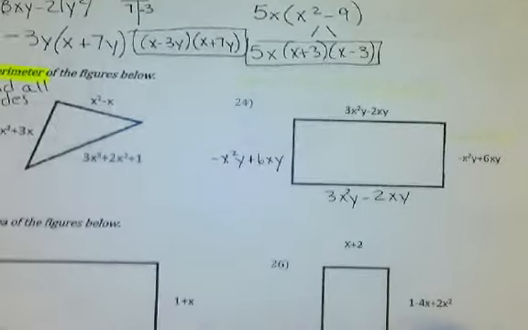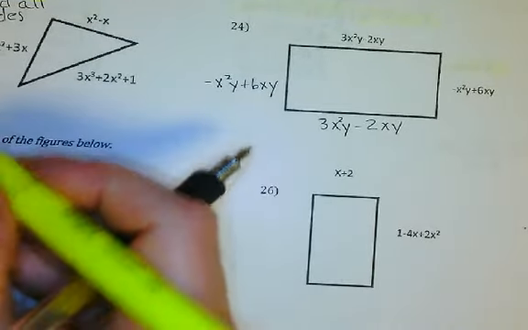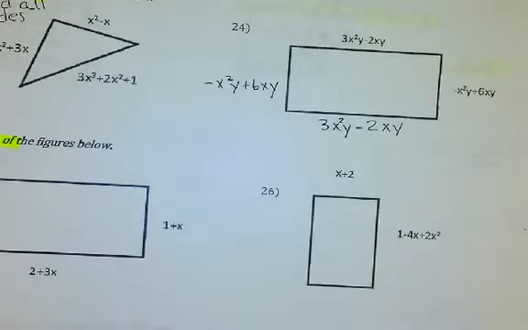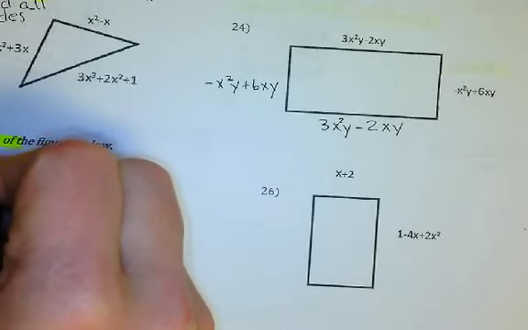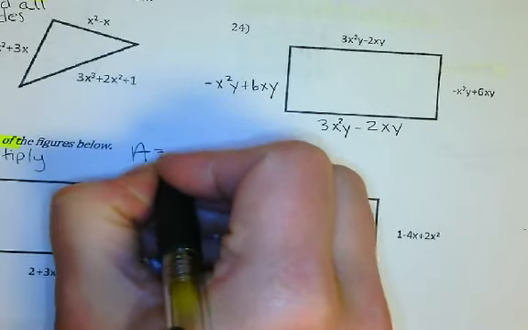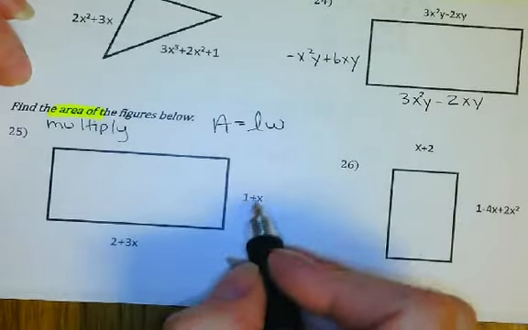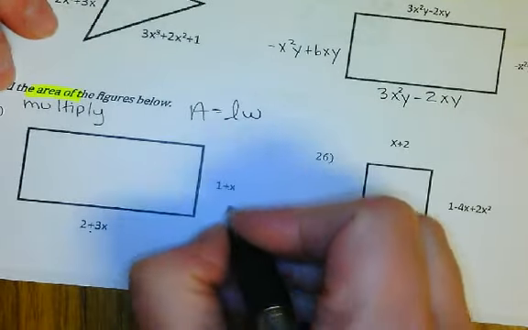Okay, on these down here, for instance, they're talking about area. So for area, they're talking about multiplying. So you multiply. And that's because area equals length times width. Okay? So for this one, I would multiply the length times the width.